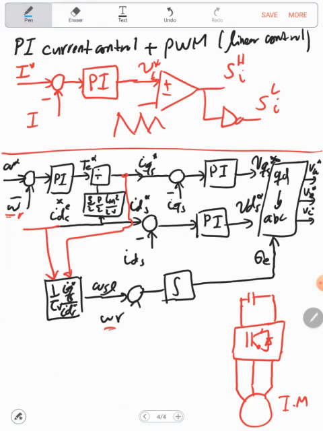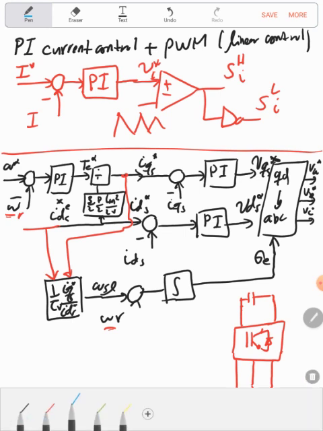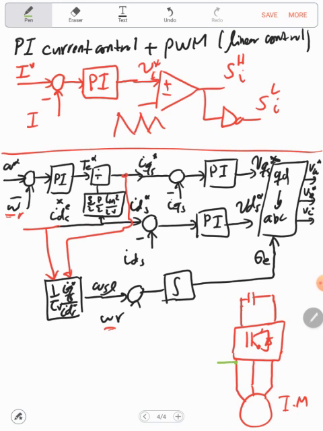So let's continue with the current. In order to calculate the current, we need, this is IA, this is IB, this is IC. Here we need a transformation from the ABC to the QD. And now here what are we having? We have IQSE, and here we are getting IDSE.